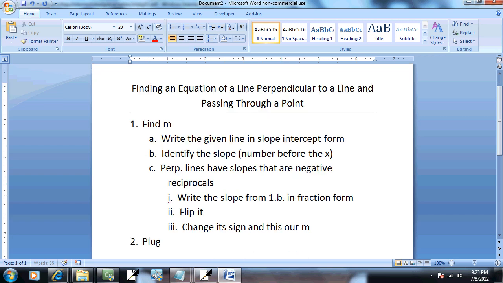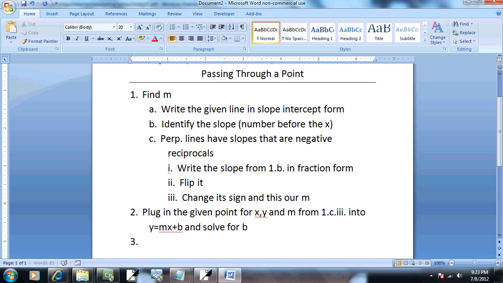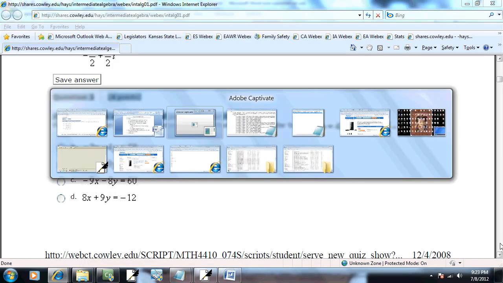Step 2: plug in the given point for x and y and the m from 1c into y equals mx plus b, and solve for b. And then step 3, write your answer. So let's use those steps to work this problem.